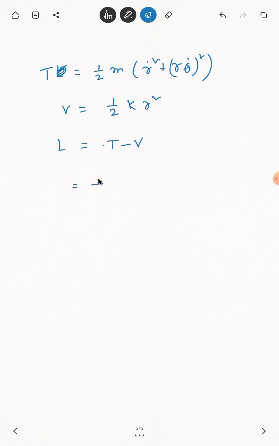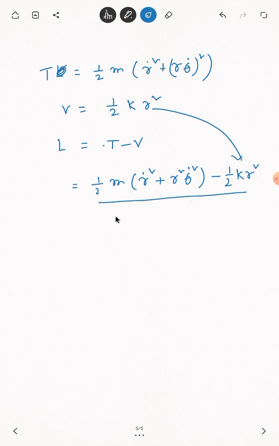Then what is T? Half into m into r dot square plus r square theta dot square, minus V, half k r square. Again that format, half k into elongation square. This is our Lagrangian. It is clear that the Lagrangian is given.